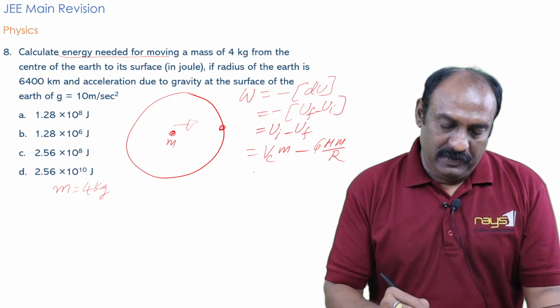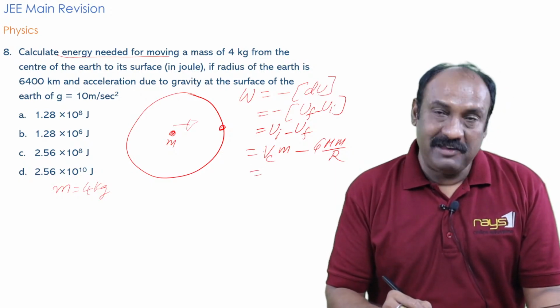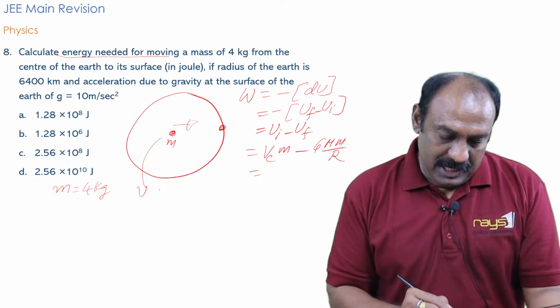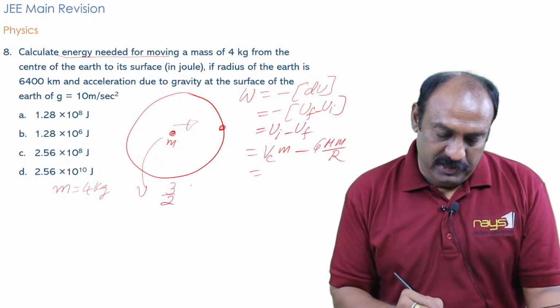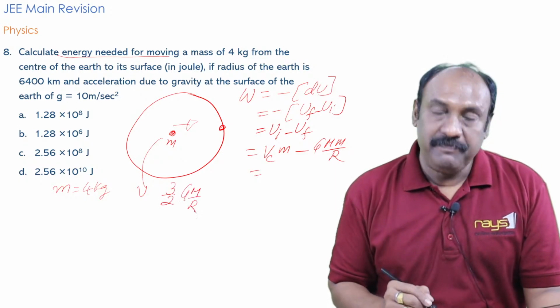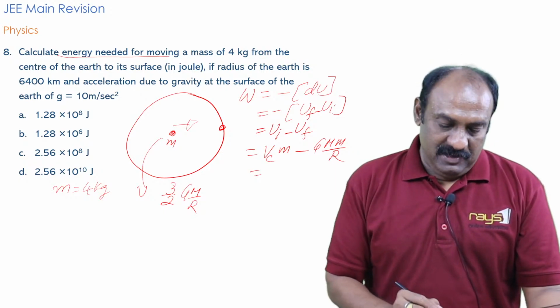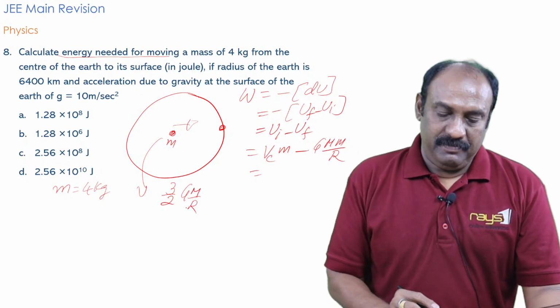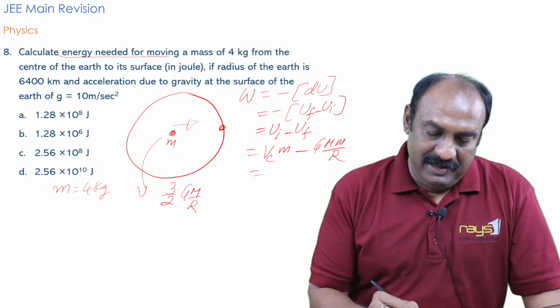So at the center, what is the gravitational potential? Gravitational potential at center is 3 by 2 GM by R, but already the negative sign is taken.